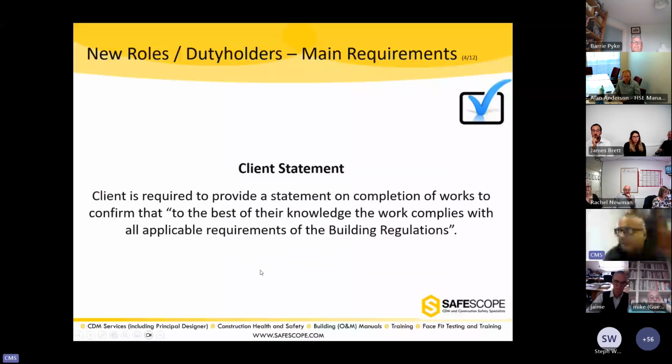Now, the client on every project, and as we know, a client could be a lay person who has got no clue about the building regulations or anything at all, will have to provide a statement when they apply for a completion certificate to say, to the best of their knowledge, the work complies with all applicable requirements of the building regulations.